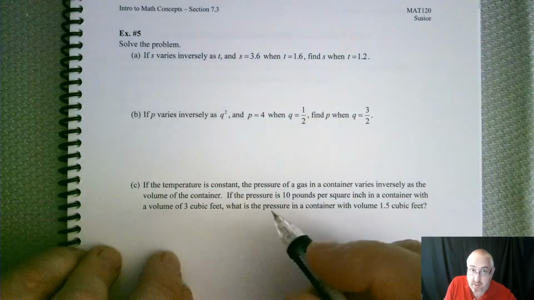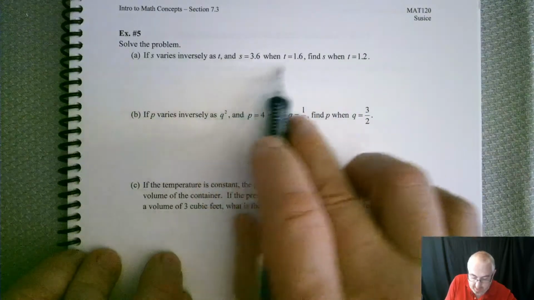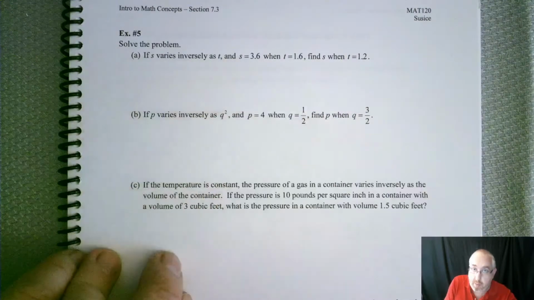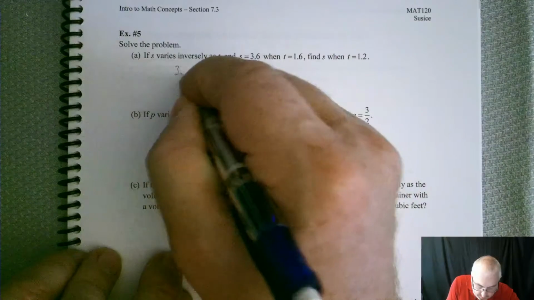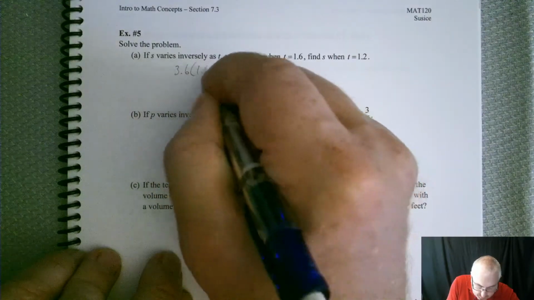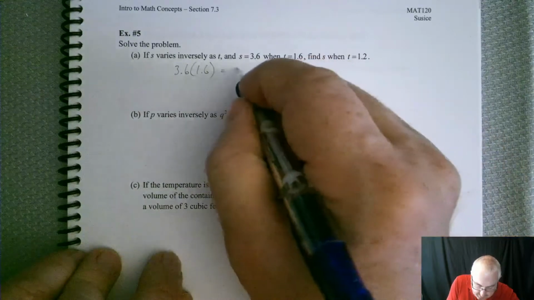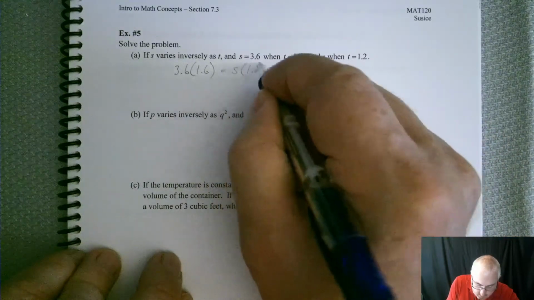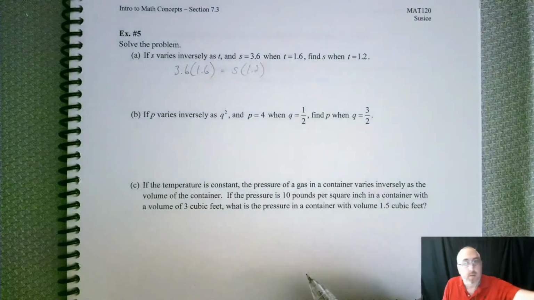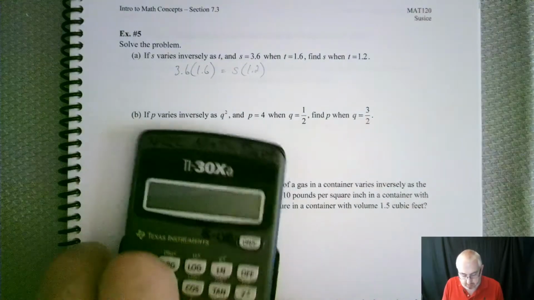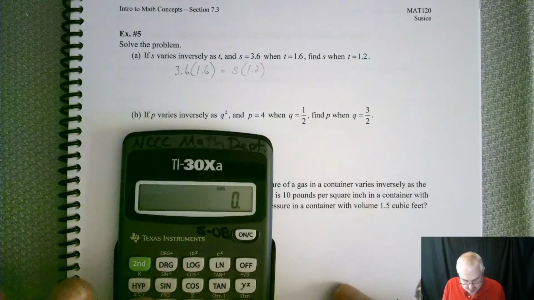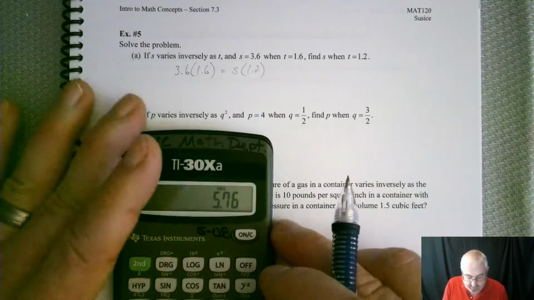So your equation now, we have these two pieces that go together, so we have to multiply them. So we've got 3.6 times 1.6, and that's going to be equal to s times 1.2. So now let's make sure we multiply, right? 3.6 times 1.6 equals 5.76.